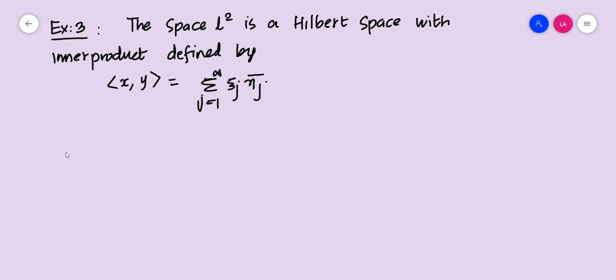In order to prove that this is an inner product space, we have to prove the properties. For that, consider x is equal to sequence theta j, y is equal to sequence eta j, z is equal to sequence gamma j, be three elements which belong to L2.